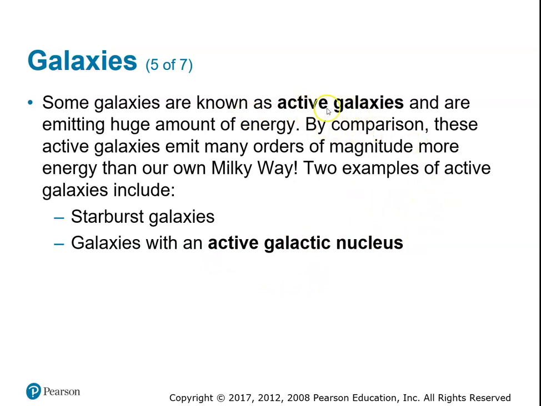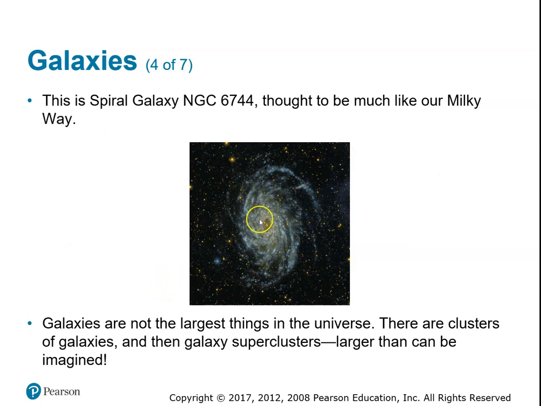Some of the galaxies, in fact, we just encountered one, M87, have an active nucleus. They're called AGNs, active galactic nuclei, where there's incredible amounts of energy pouring from these galaxies, much more than your typical average galaxy. If this represents the Milky Way, there's a certain amount of energy coming from it.